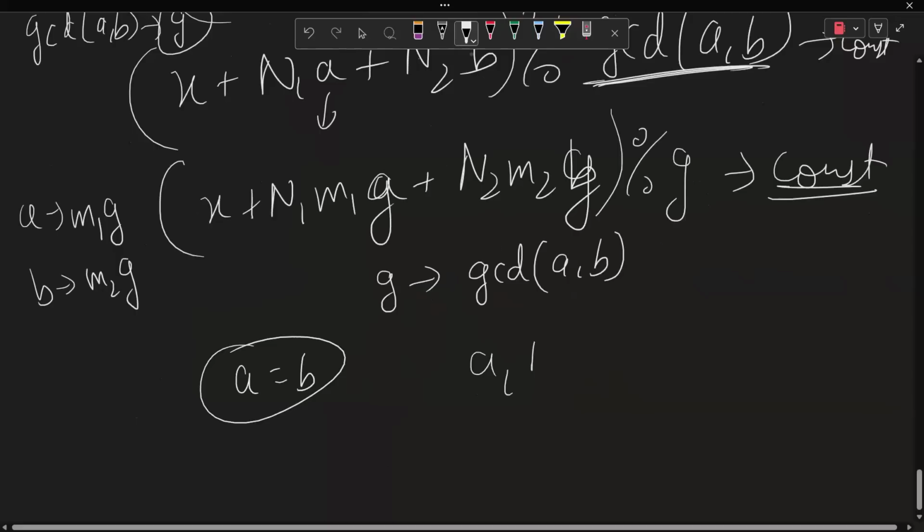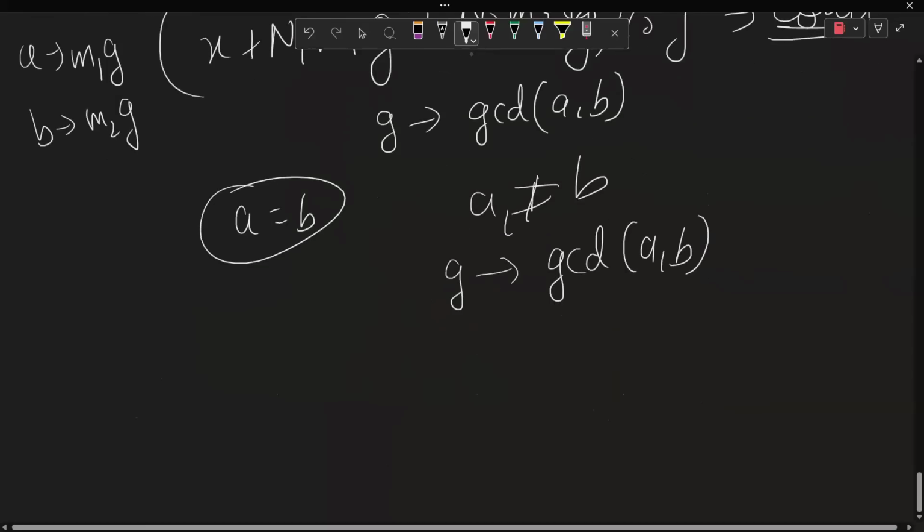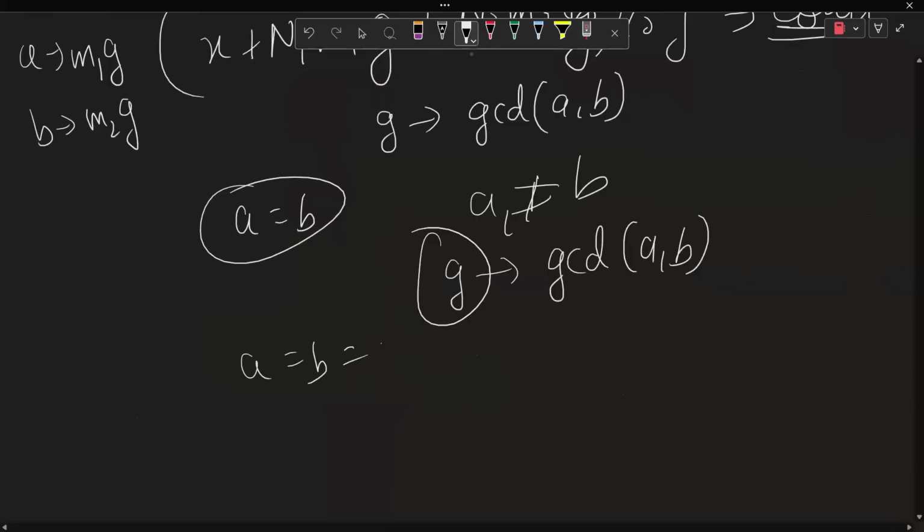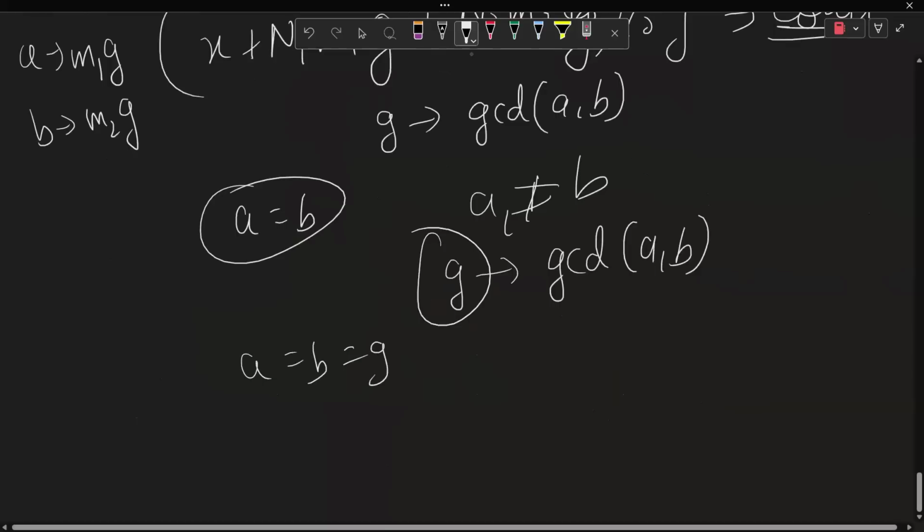Now when A and B are not equal, you can take G as the GCD of A and B and apply the same algorithm, taking A equal to B equal to G as your value.